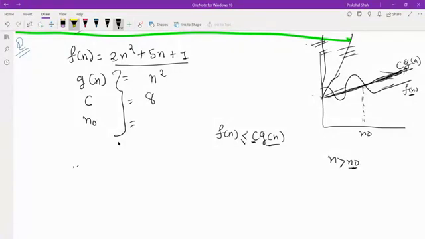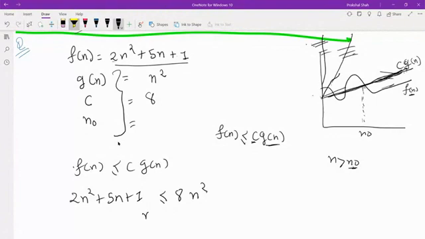So if f of n is less than or equal to c into g of n, then can I put 2n square plus 5n plus 1 is less than or equal to 8 into n square? Now for n equals 1, if I put 2 plus 5 plus 1 is less than or equal to 8, that is 8 less than or equal to 8, this is true. So can I say that my n naught will be 1 here?